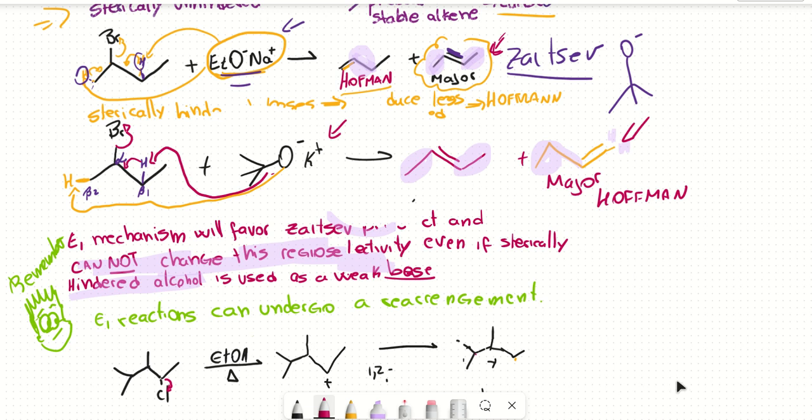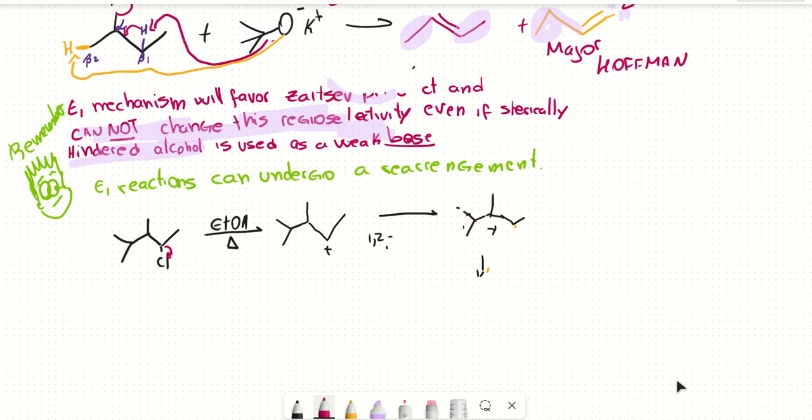And about the rearrangements, like I said at the beginning, this is the carbocation weakness, because we can do rearrangements, and actually we must. So in this case here, chlorine left, this is the leaving group, and we have the positive charge over here. And this is a secondary carbon.